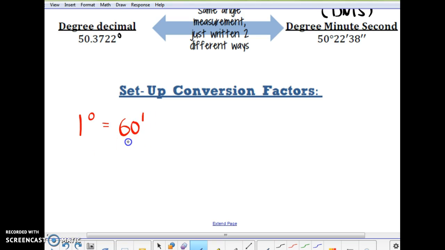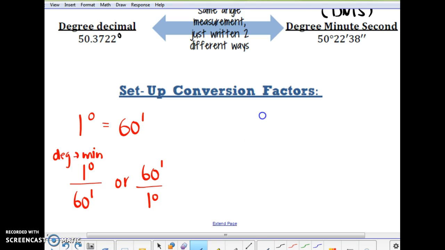This is a conversion factor, so you might remember this from Algebra 2 when we asked you to convert between units. To actually use it as a conversion factor, I'm going to divide each side by 60 minutes, so 1 degree over 60 minutes, or I can divide each side by 1 degree and have 60 minutes over 1 degree. This is one set, so this is going to get me from degrees into minutes and vice versa.